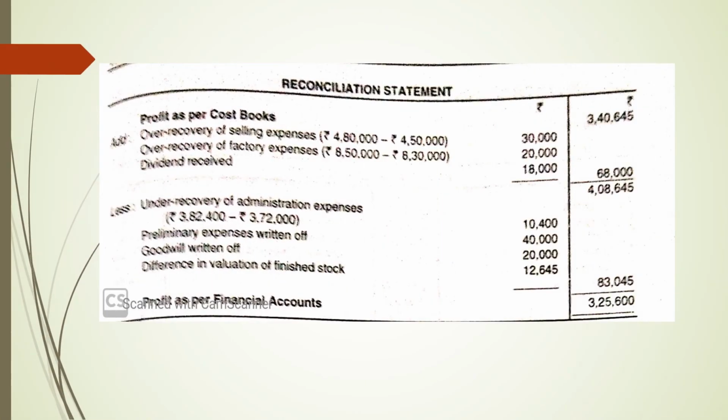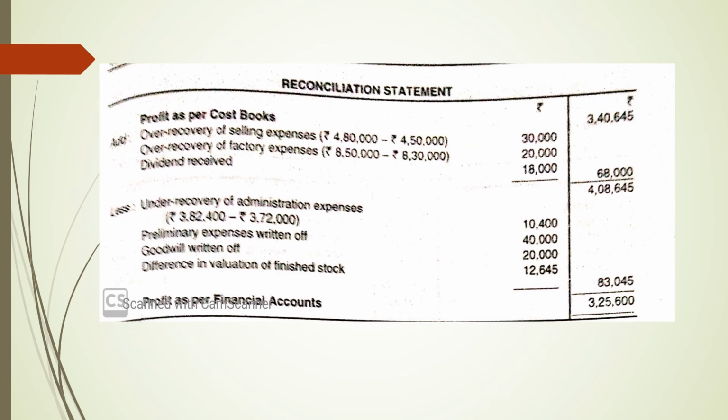Lastly, we already know that the financial profit is 3,25,600, which is given in the question. In the last slide we discussed how to prepare the statement of cost and profit, and we determined the profit as per cost account as 3,40,645.